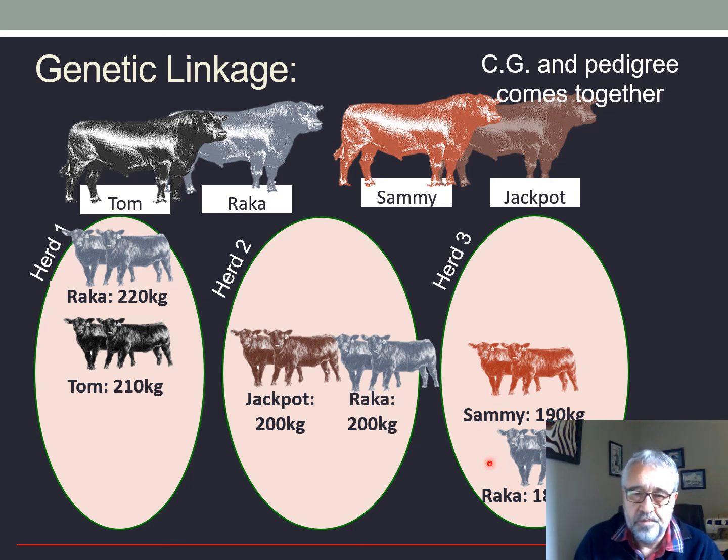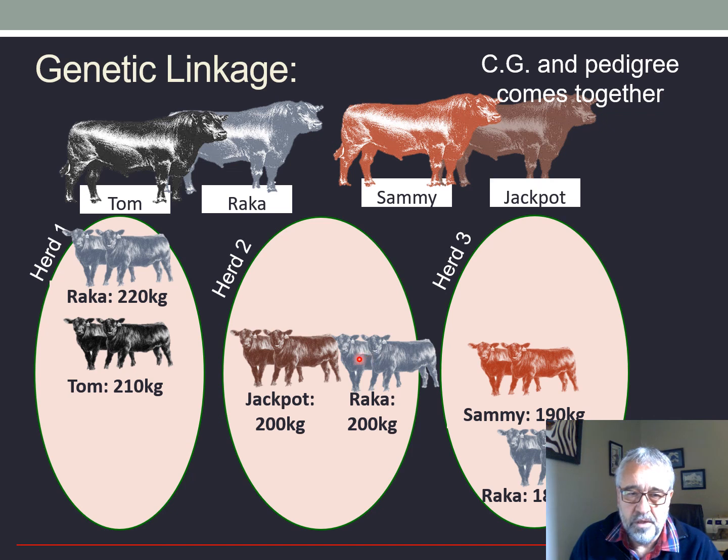So the question would be, what if you have to rank these bulls in terms of the genetic merit, which bull would be superior for weaning weight? If one looks at it, when Sammy competed against Raka, his progeny were 10 kilograms heavier. When Raka competed against Jackpot, he was equal to Jackpot.